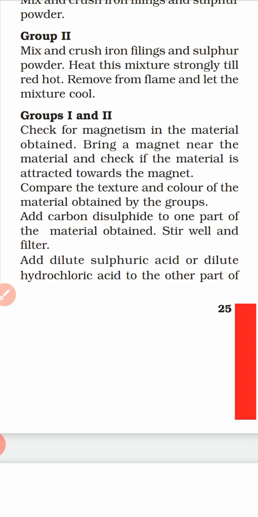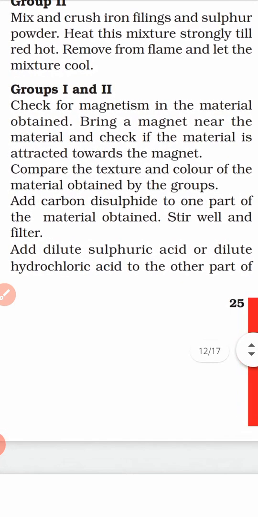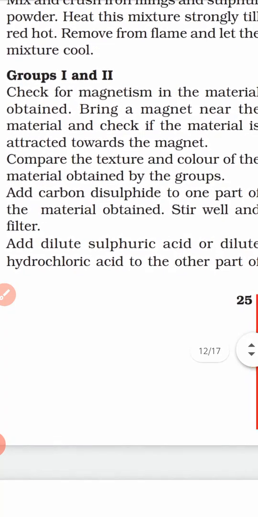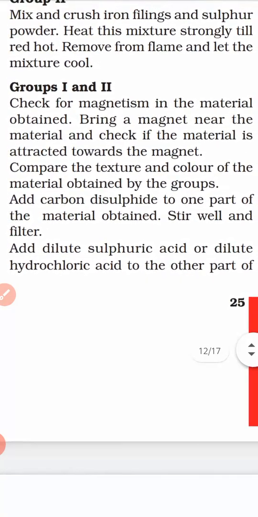Group 1 is having only a mixture. Group 2 is having a compound, which is iron sulfide. In the mixture, when carbon disulfide is added, it will dissolve the sulfur present in the mixture of group 1.